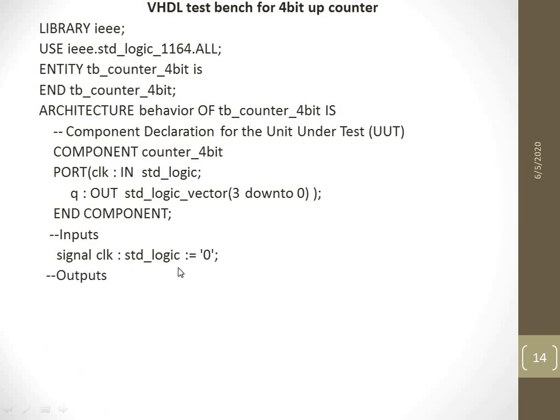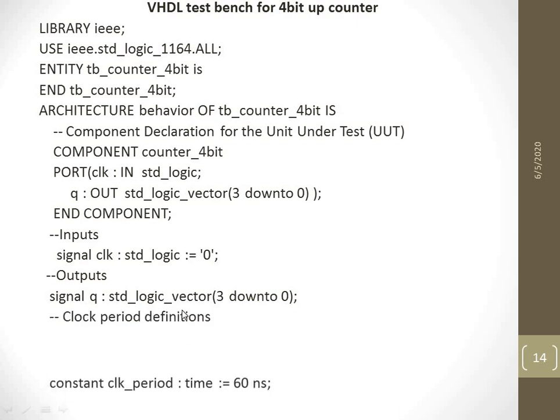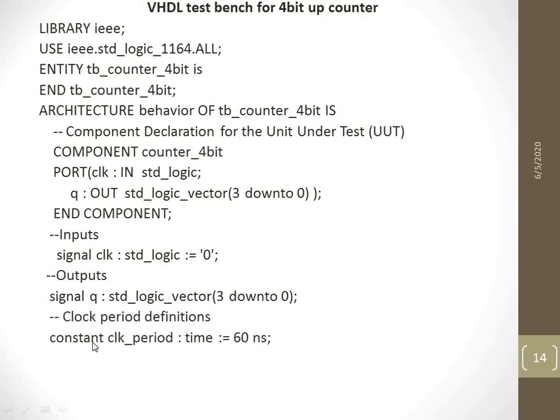So signal clock is initialized to 0, and signal Q is not initialized because Q is the one which has to be generated. So it is std logic vector 3 down to 0, and I am using a constant clock period of time type, which is taking 60 nanoseconds time delay.